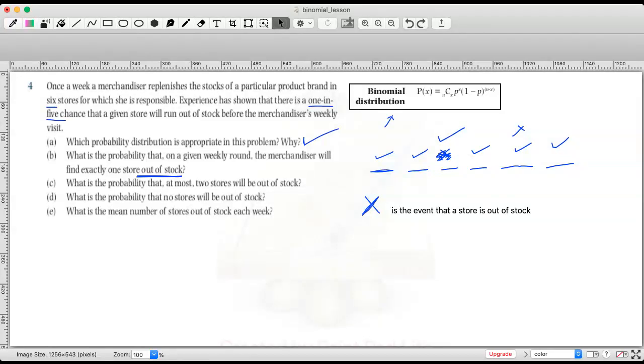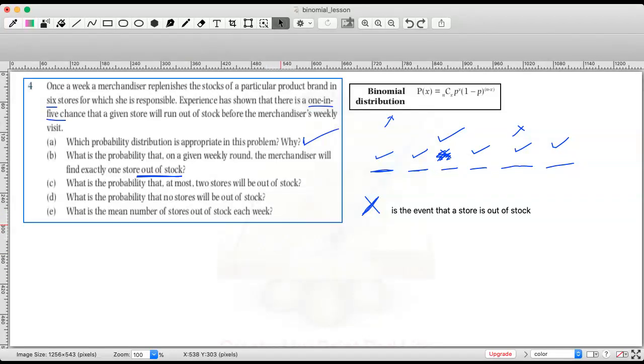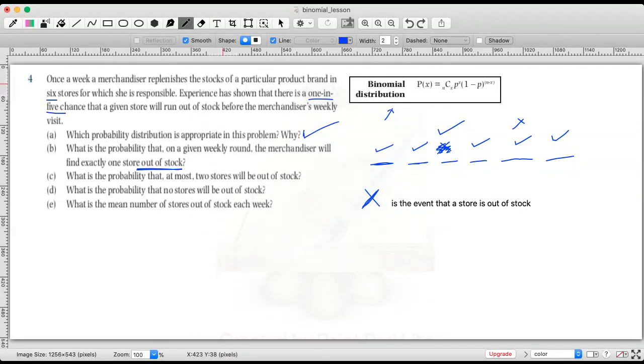Probability we represent by P, as we did last week. They want us to work with the probability of X equals 1. So basically, what is the probability of one store being out of stock? Does this expression make sense to you? Or is anything unclear? I'll go through it again. Just let me know in the chat.